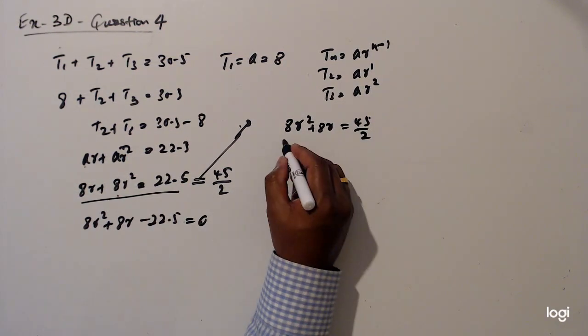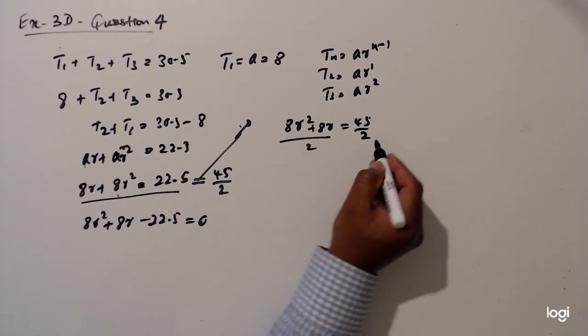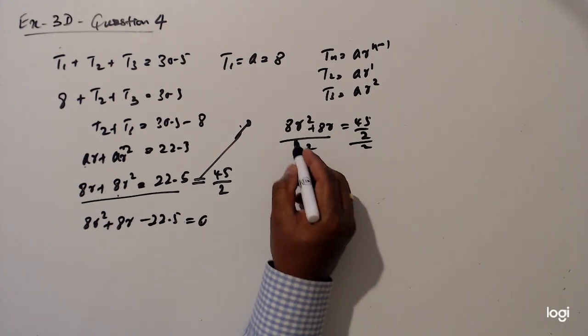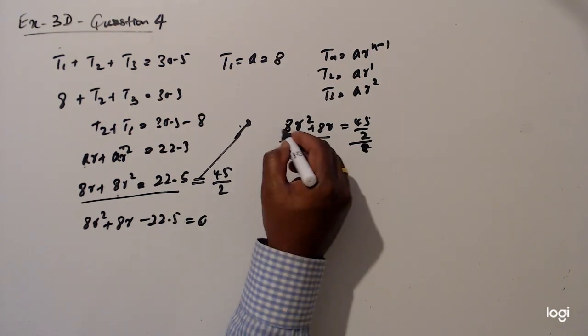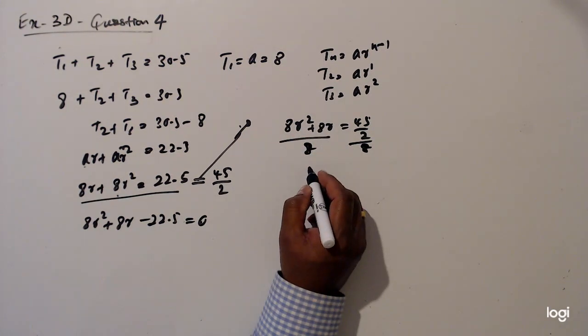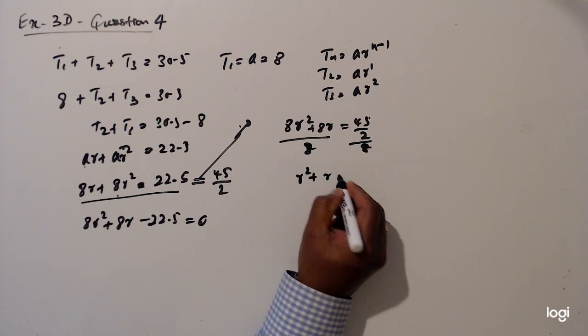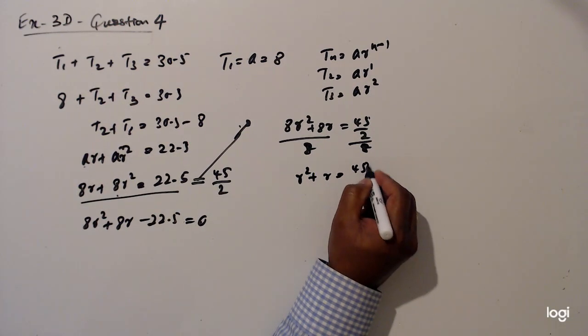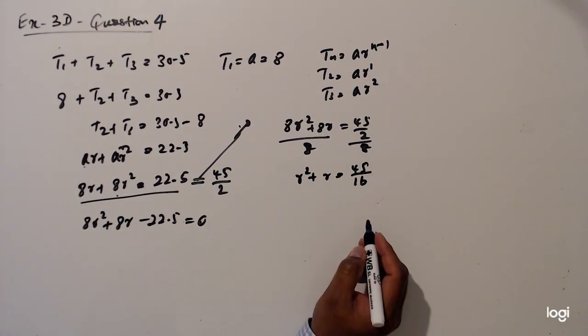So I'll divide by 8 on both sides, so this cancels out. R squared plus R equals 45 over 16.